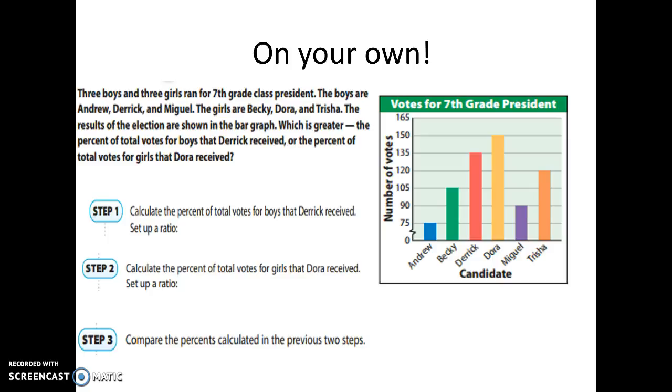So one important piece of information: we're going to deal with Derek, but then it says total votes for boys. So we're not talking about the total votes overall, but just for boys.